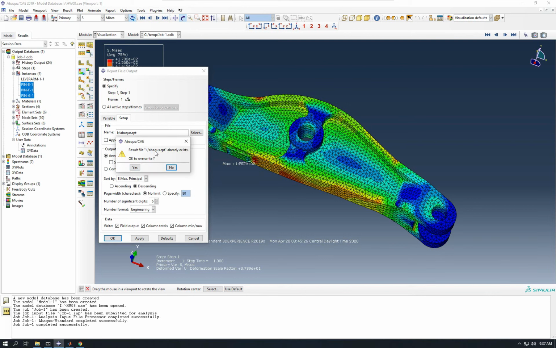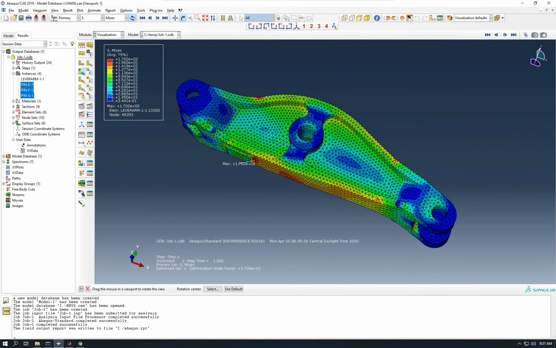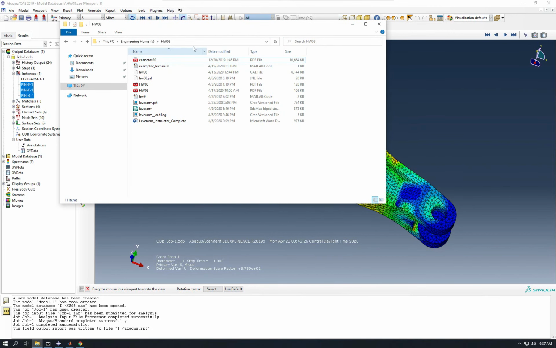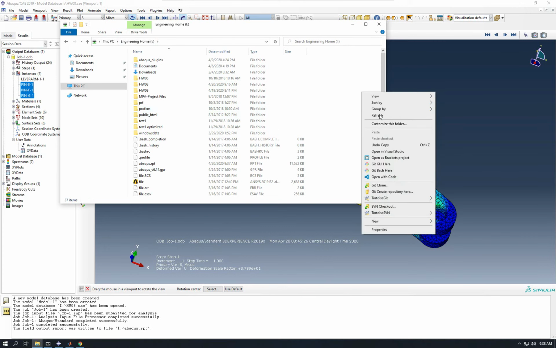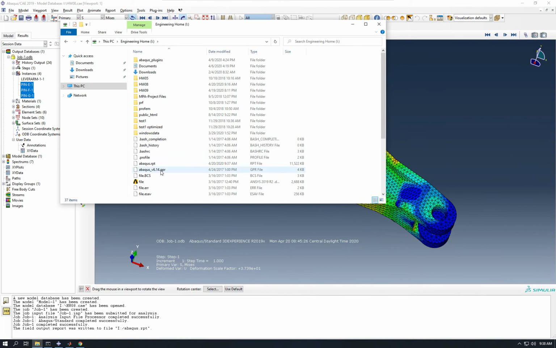I already have a file named Abaqus RPT, so I override it. Now we have to go and find this file. If you don't see this, just refresh once. Sometimes it won't show.